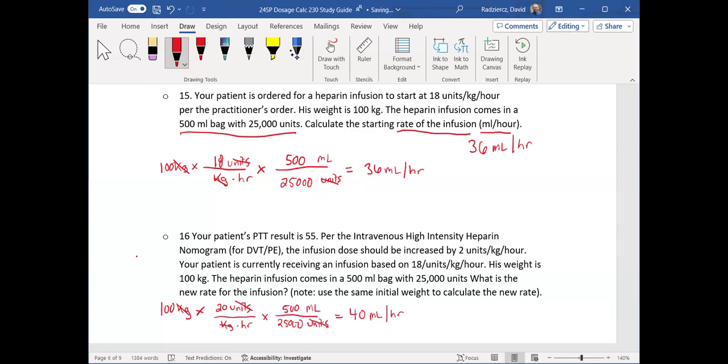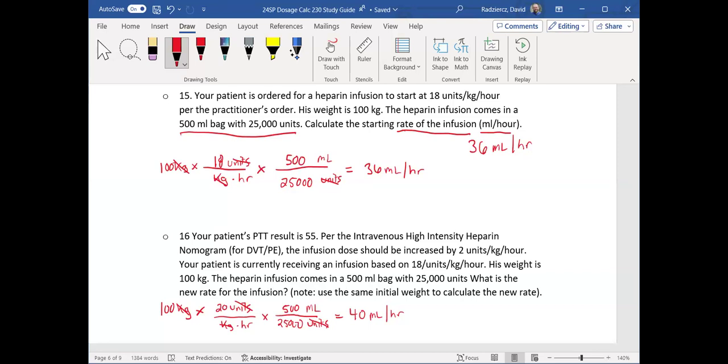Now, if you do this how I did it initially, where I take the patient's weight times 20 units per kilogram per hour, and you write that out, and then you get an answer, like you'd get 2,000, then you do the times 500 divided by 25,000. That's perfectly fine. I always say there's no one way that's correct.